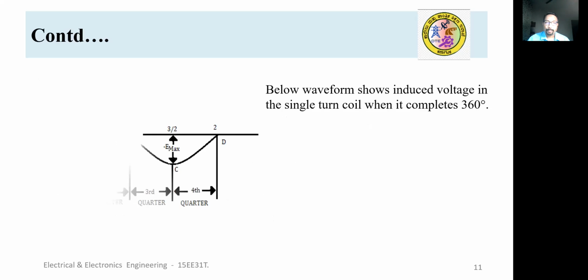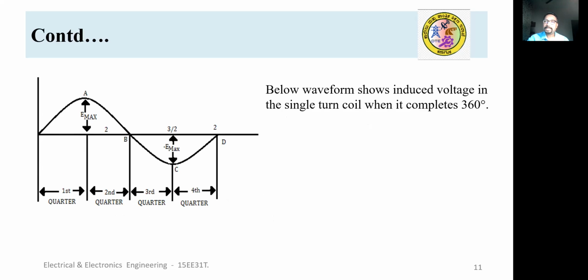Next, if you plot the variation of the induced EMF in the coil with respect to time, the EMF increases from zero and reaches its maximum value, that is point A, in the first quarter, which means 90 degrees of rotation.